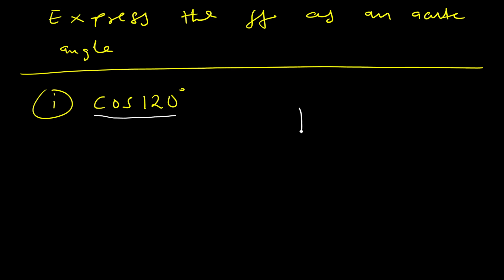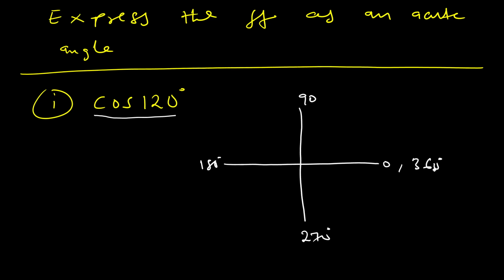So let's locate our quadrants here. We have 0, 90, 180, 270, then we are back to 360 degrees. Just as we said, in trig, angles are measured in an anti-clockwise direction.